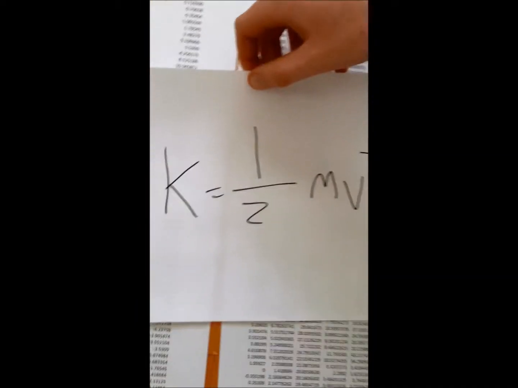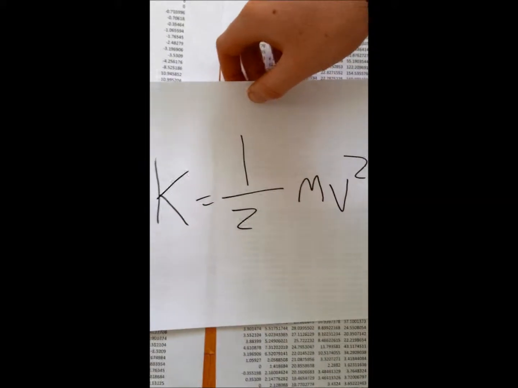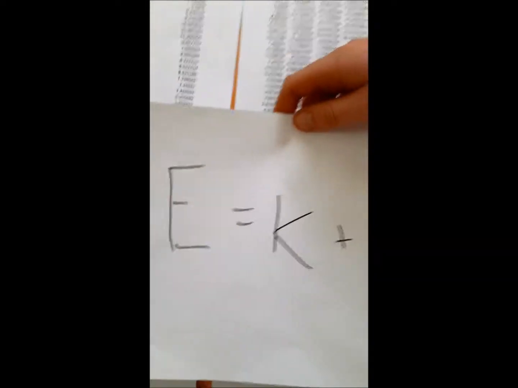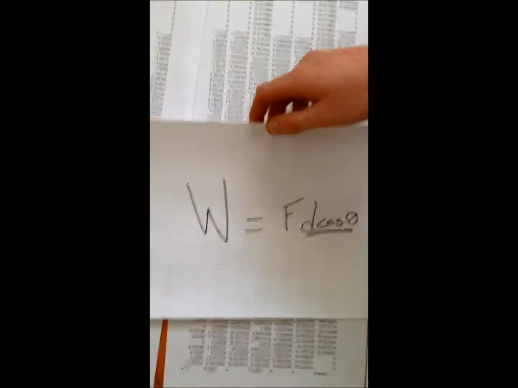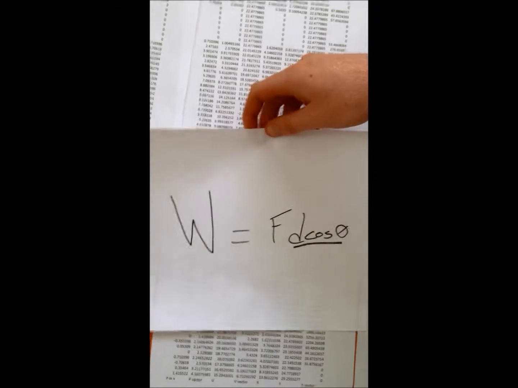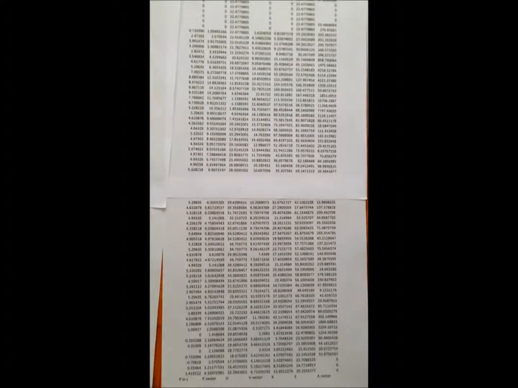We also used the kinetic energy equation for this entire row of data points, and then we added these two rows of data using this equation to find the total energy. From there, we also found, using the work equation, we used the x values from over there and the force to find this entire column for work.